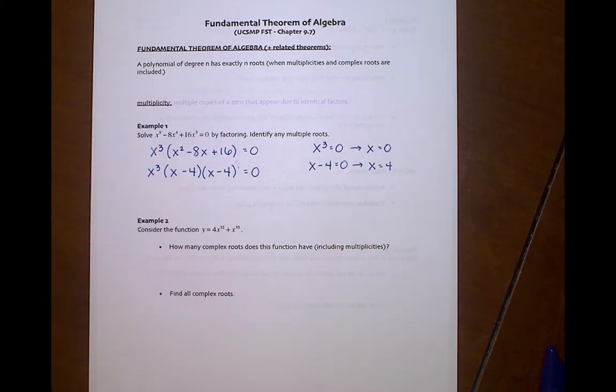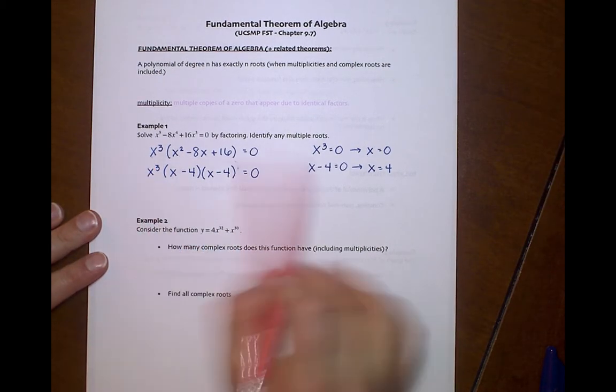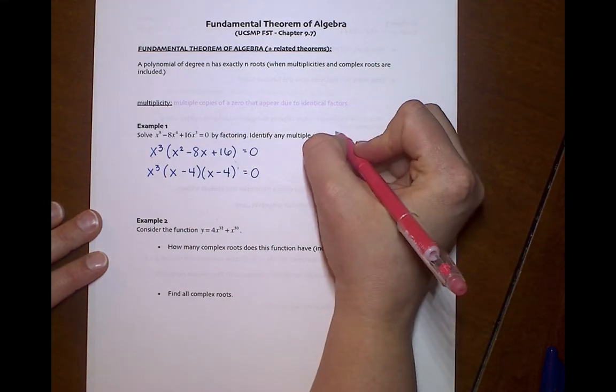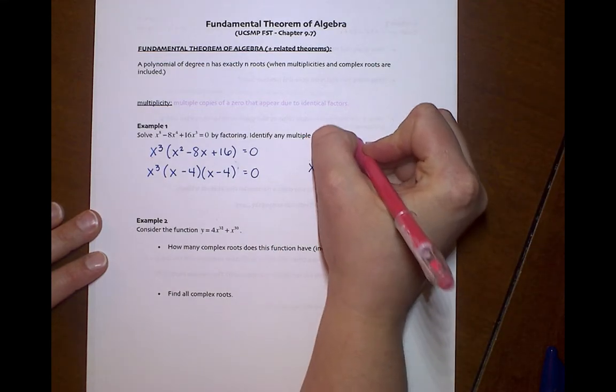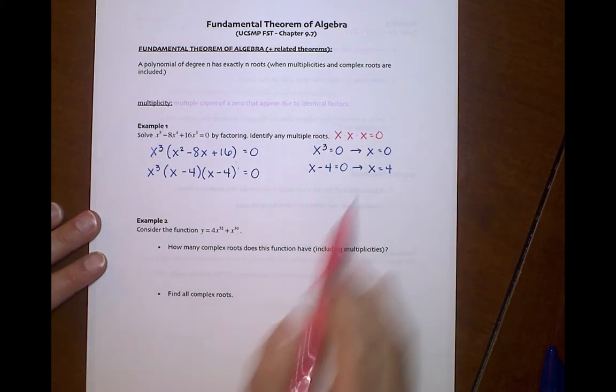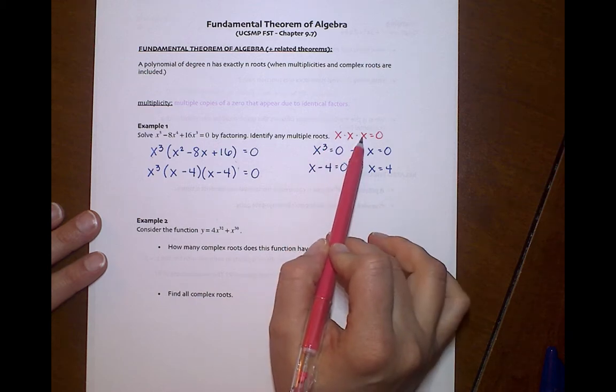So those are our solutions here, but let's pay attention to the fact that this came from an x cubed, which really means, and I don't expect you to write this out like this every time, but this really means x times x times x equals 0, right? So either this x equals 0, or this x equals 0, or this x equals 0.